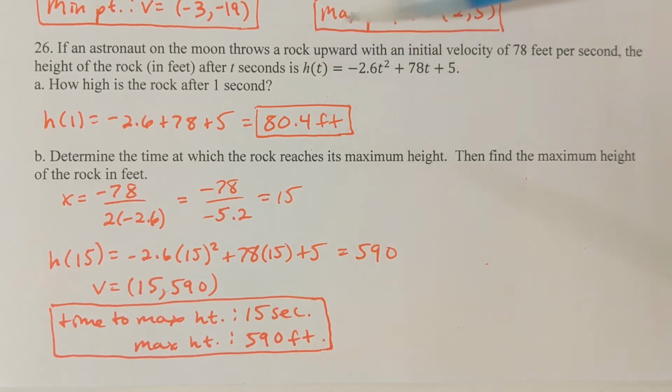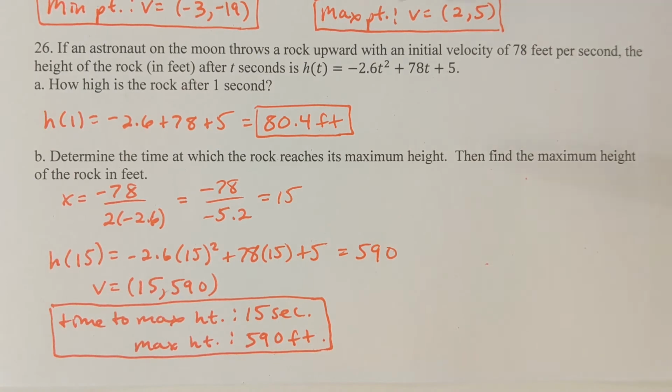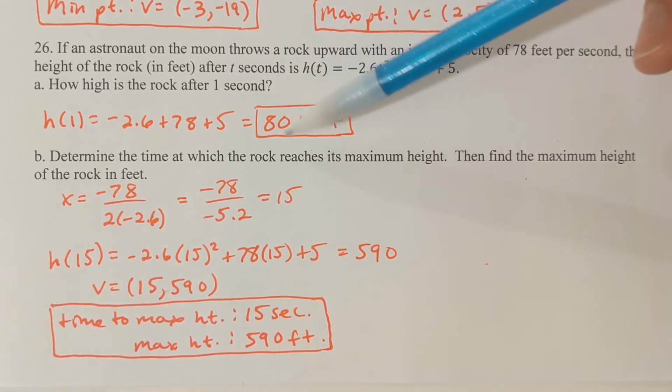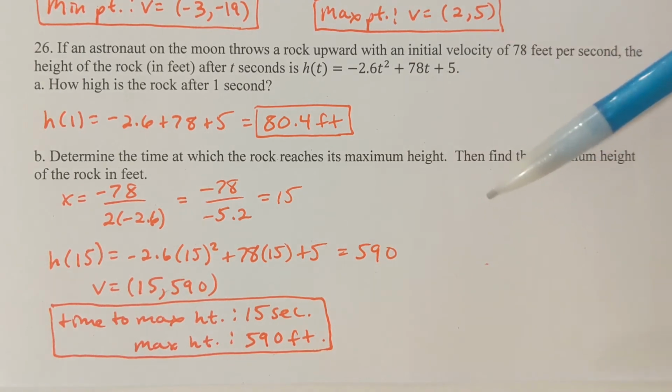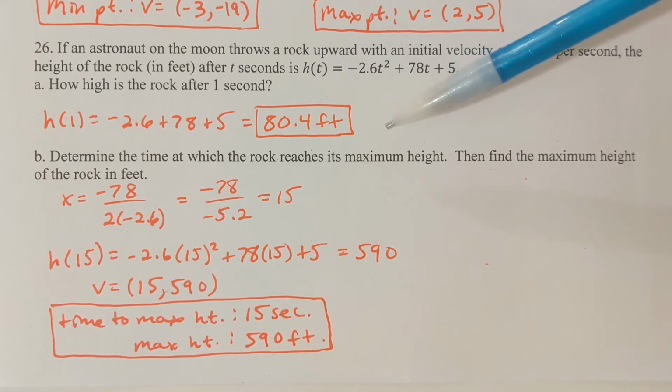T is the time, in seconds, so that's just going to be a plug it in and simplify. If I plug in 1 for t, I get -2.6 plus 78 plus 5, that's going to give me 80.4 feet. So at 1 second, the rock is going to be at a height of 80.4 feet above the ground.